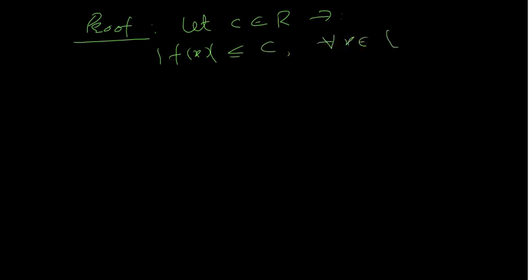Now since f is a bounded function, we can say that there exists c belonging to R such that mod of f of x is less than or equal to c for all x belonging to the domain. The domain is the interval a, b.